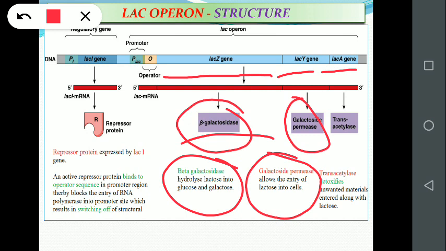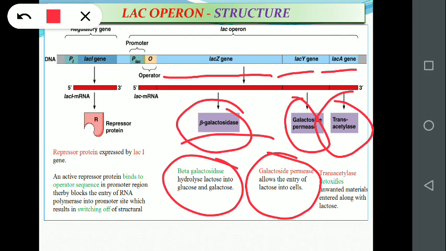And one more is there, that is lac A gene that produces one enzyme that is trans-acetylase. Okay, we don't know what is the exact role of the trans-acetylase, but it was believed that it is an enzyme which detoxifies some of the unwanted material that enters through the permease.